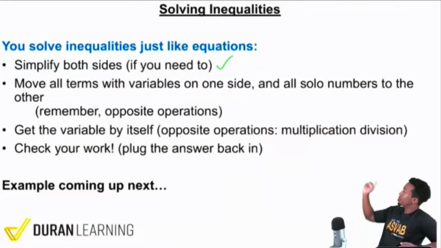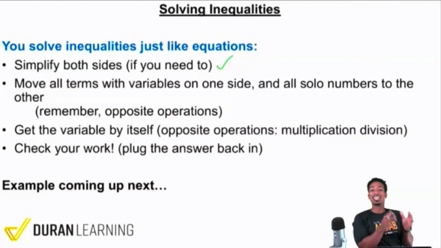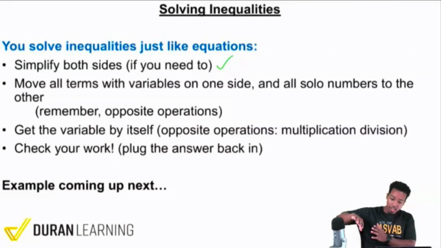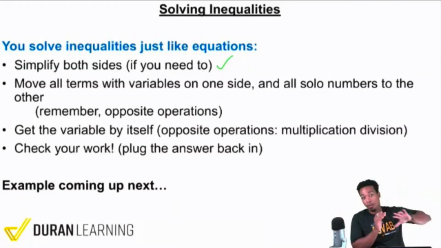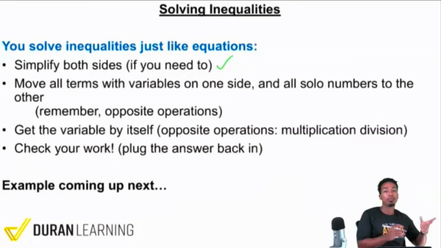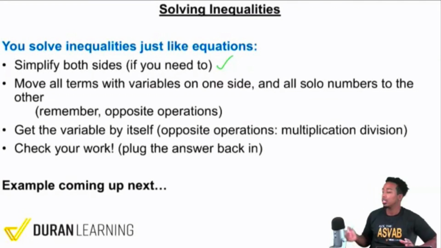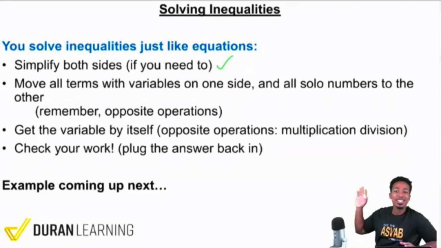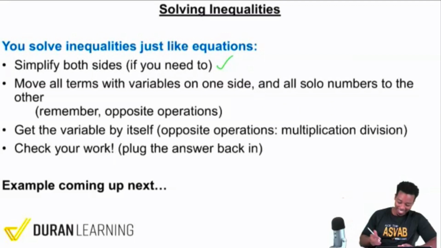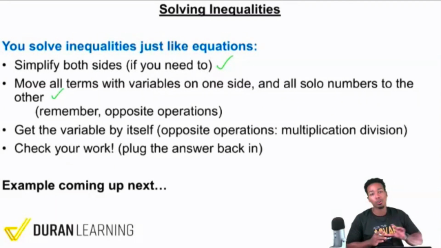Now, number two is going to be basically moving everything that has a letter to one side, everything that has just a number to the other. Basically, what you're doing is you're starting to isolate the variables. So we'll go over a couple of examples. Please don't feel nervous yet, all right? But again, move all the terms with variables on one side, solo numbers to the other.